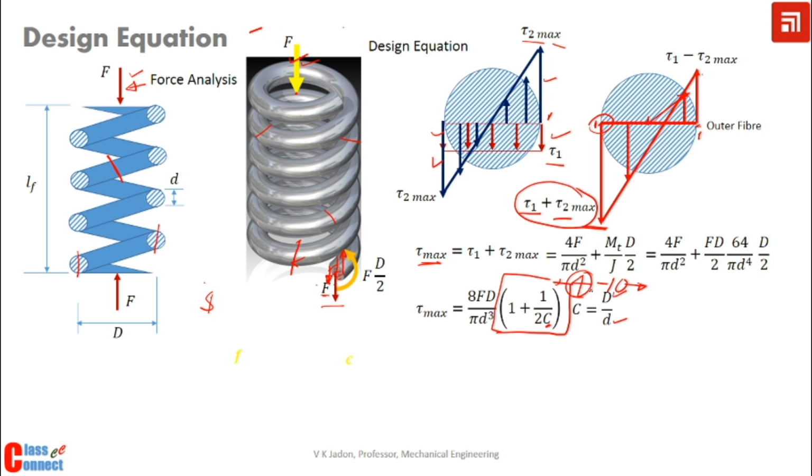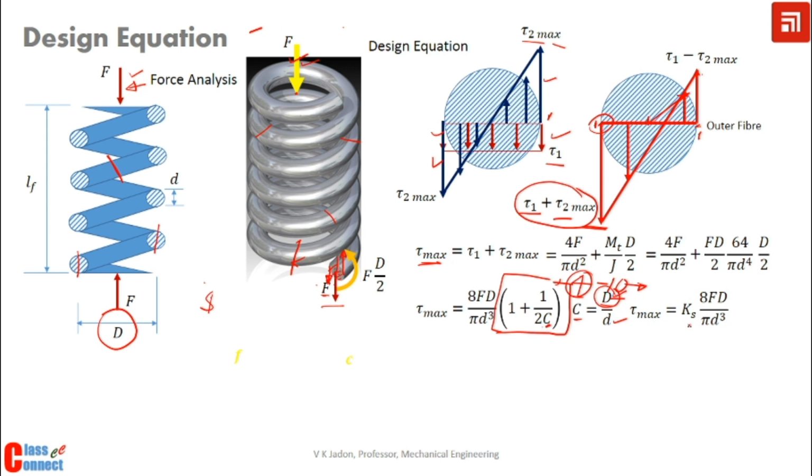But then again, on the basis of certain justification, when the value of C is more, it means coil diameter is more, so we need more space to fit this spring, and when C is less, the coil diameter is less, and we may require less space. So depending on the space availability, we decide what value of C should be used.